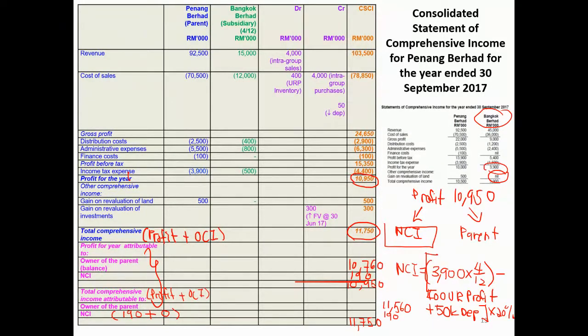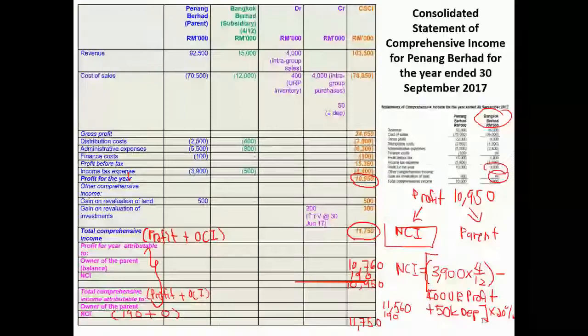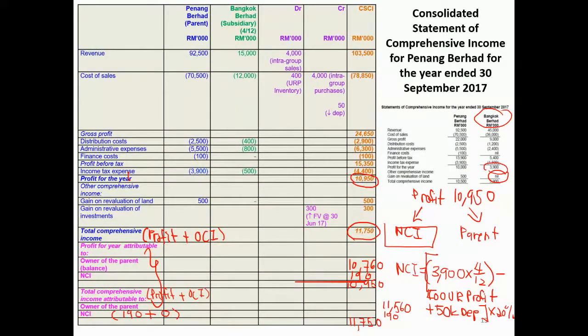Miss, we have one question here. If there is a figure for other comprehensive income in sub-C, do we need to apportion to 4/12 and then multiply by 20%? Good question. If let's say Bangkok has OCI, yes, you have to apportion times 4/12 times by 20%. Very good.